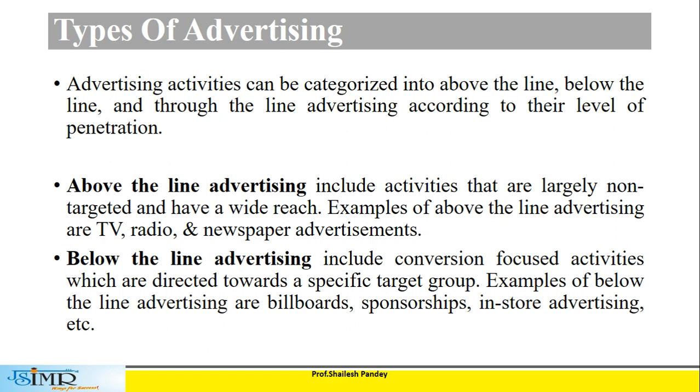So above the line, which is called ATL, includes activities that are largely non-targeted and have a wide range. So any medium which is used for mass marketing is a part of ATL. And examples of ATL are TV, radio, and newspaper advertisement.